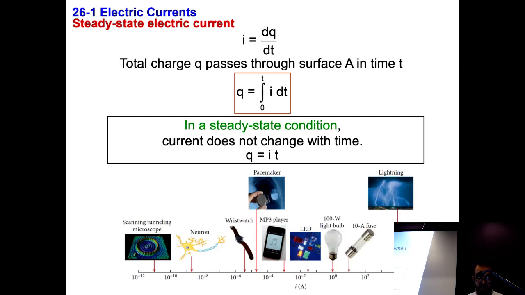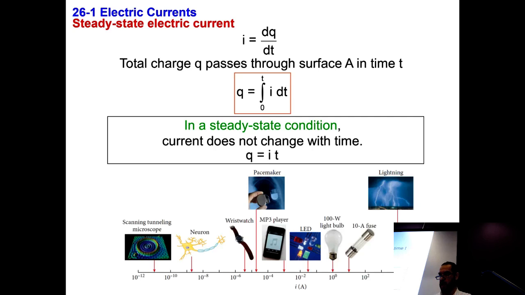A light bulb, like the light bulbs here, can reach 1 amp. Many of the fuses we use at home are 10 amps. If you exceed a current of 10 amps, they will blow, and there will be no flow of charges, as if a switch is open. That is used to protect your electrical appliances.